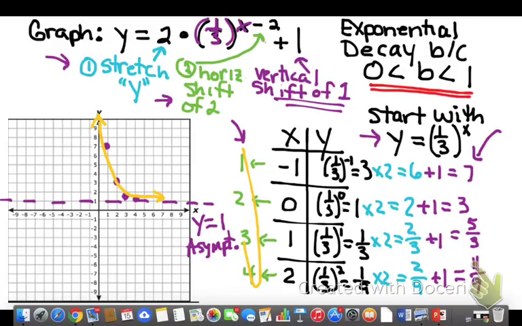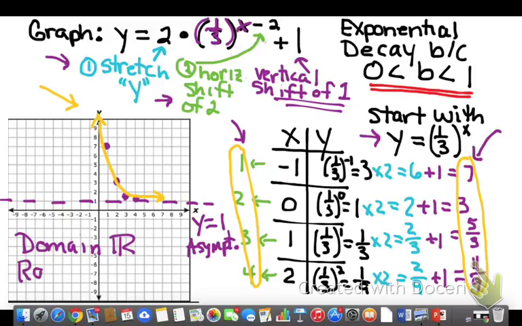When you plotted the green values and the purple values, you should have come up with this graph. We said y equals 1 is our asymptote. So then our domain is going to be all real numbers, and our range is going to be y is greater than 1.